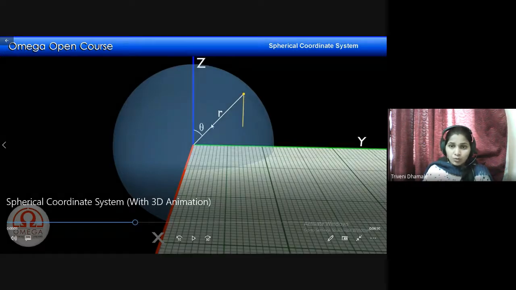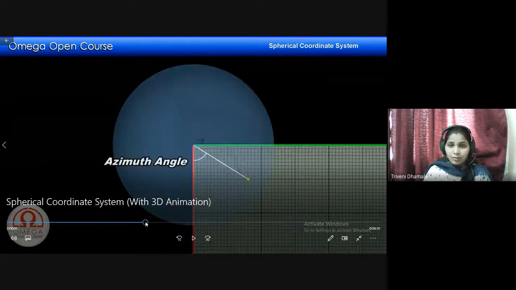When we put a vector, the line joining the center and this point P, the angle is measured from the Z axis. It is a vertical angle, the elevation angle. And the azimuth angle is measured in the horizontal plane from the x axis, that is phi.